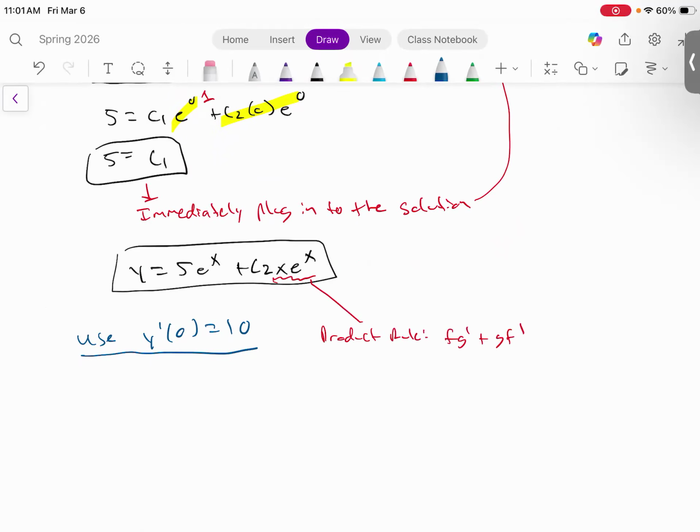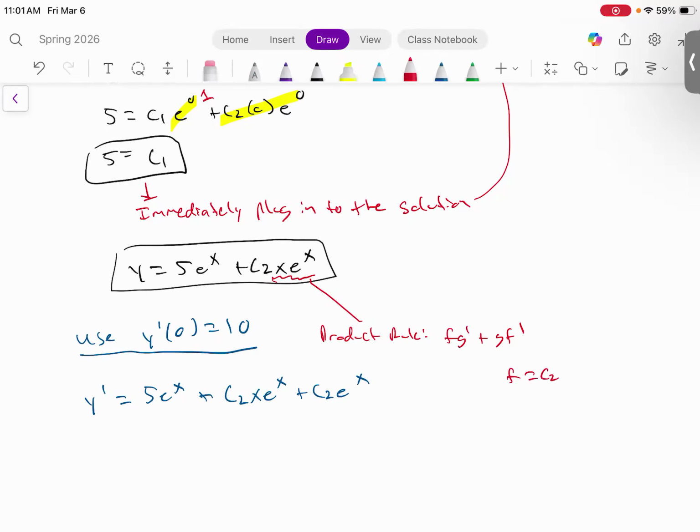And so what I get is y prime equals 5e to the x, that stays the same. But then it becomes c2 x e to the x plus c2 e to the x. Right? Because we could say F equals C2x, G equals e to the x. F prime would be C2, G prime would be just e to the x. So F times G prime, then G times F prime.